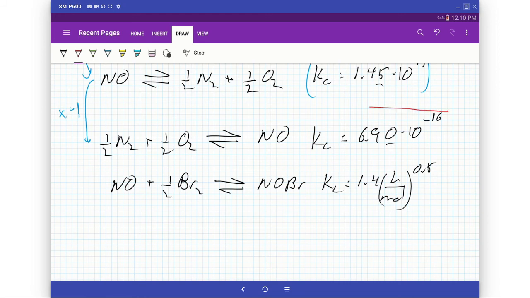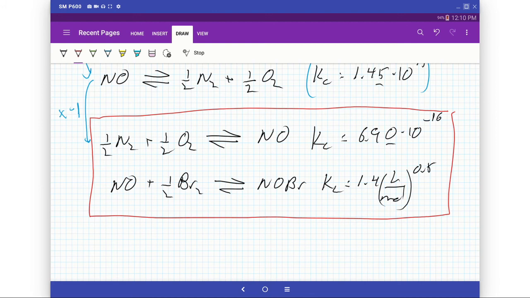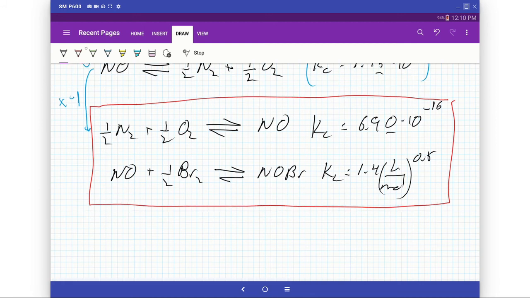When I add these two together, I will get the reaction I want. We have nitrogen monoxide canceling out, and I have 1/2 N2 plus 1/2 O2 plus 1/2 Br2 in equilibrium.